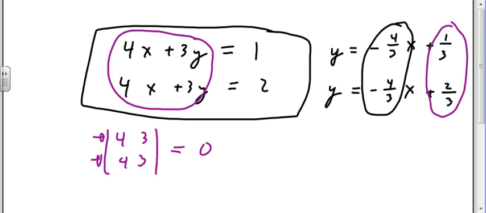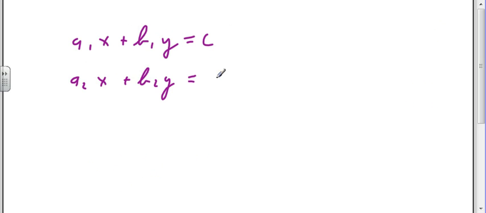Now, if I have a1x plus b1y is equal to c1, and a2x plus b2y is equal to c2, and I decide I'm going to solve these by substitution. So I say y is equal to c1 minus a1x divided by b1.